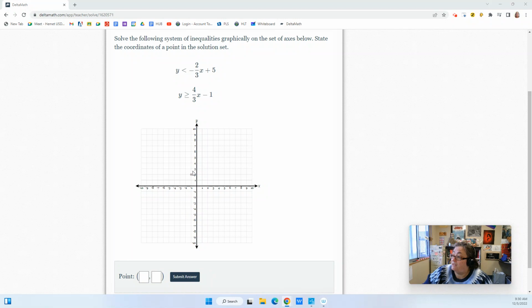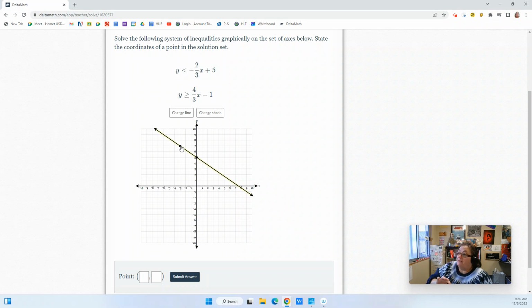We're going to find the 5, because that is our b, that's our y-intercept. And so we're going to put the 5 point in, and then we're going to use the slope to count out our next point. In this case, our slope is negative 2/3, which means I can either go down 2 and positive 3, or if I want, I can go up 2 and negative 3. Doesn't matter which way I do it as long as I make one of them negative.